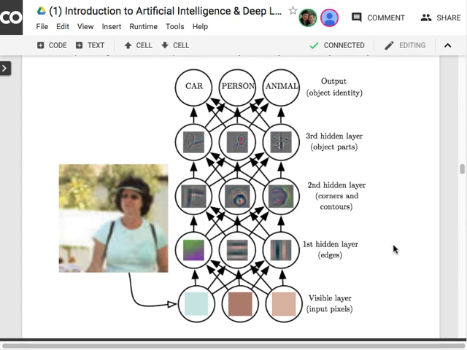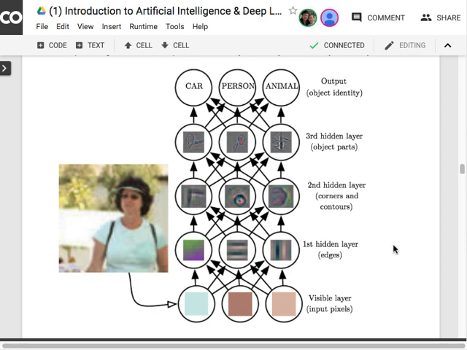When we get the pixel values, this is the lowest level of the visible layers, or what we call the input pixels. I will explain from the bottom up, which is better.